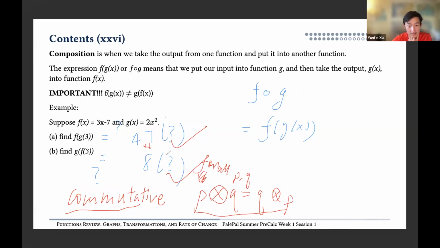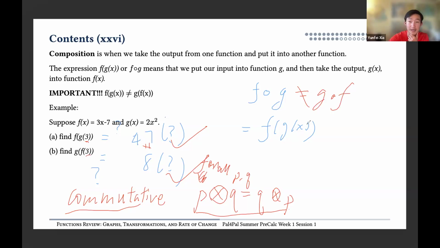However, in this case, it is not, as g composed with f is not equal to f composed with g for all f and g, because here we found one example such that they're not equal to each other.